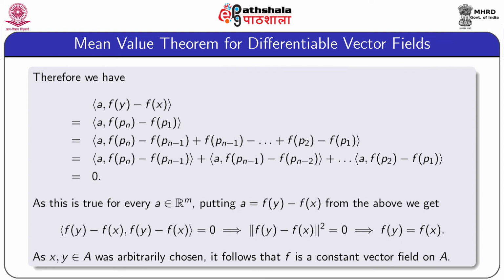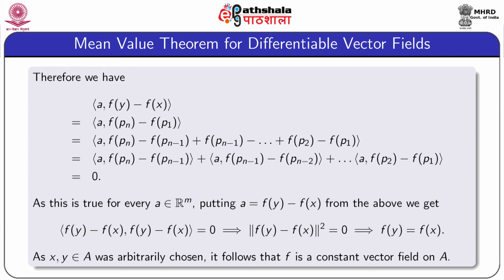Therefore, we have inner product a with f y minus f x. We recall here y is pn and x is p1. So, we have written it here. So, this equals inner product of a with f pn minus f pn minus 1 plus f pn minus 1 and so on, lastly f p2 minus f p1.